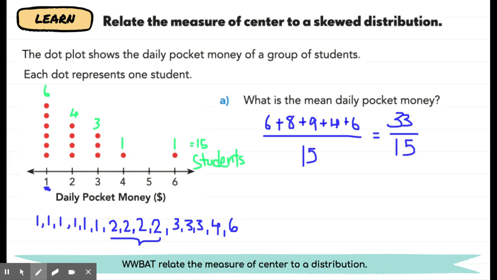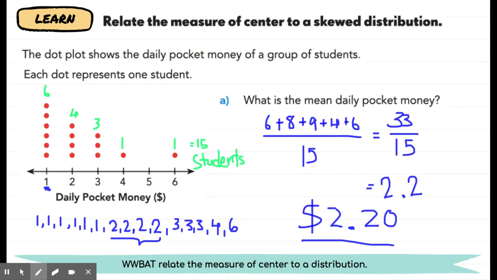Take your calculator, get 2.2. So the mean daily pocket money is $2.20. So this is the mean.